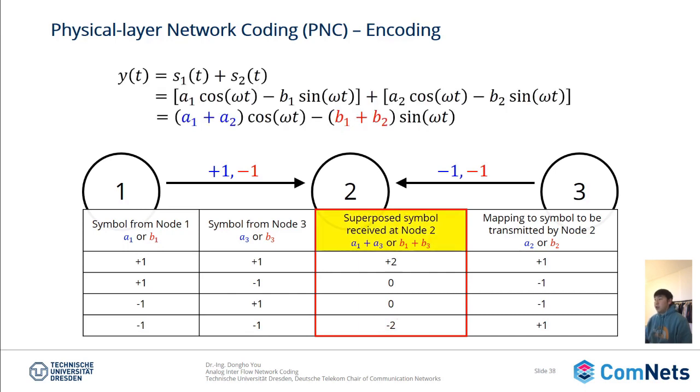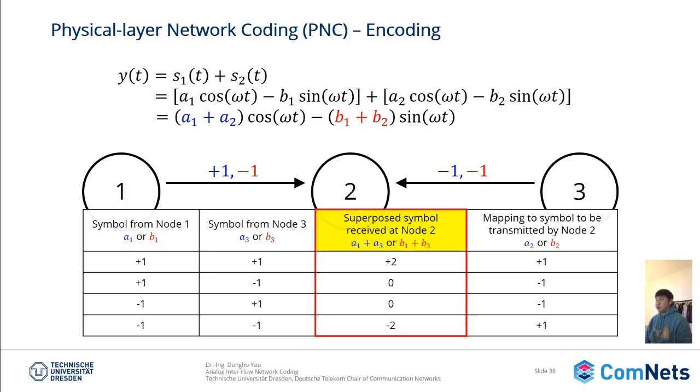So if we indicate the superposed symbol as an equation, it's like this. S1(t) is the symbol from node 1 at time t, and S2(t) is the symbol from node 3 at time t. Here S1 is A1 cosine omega t minus B1 sine omega t.